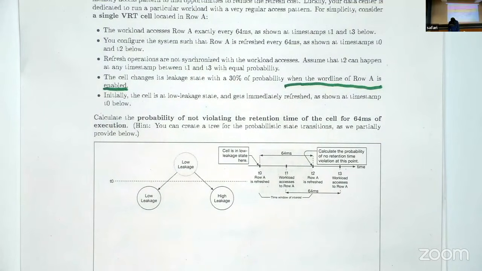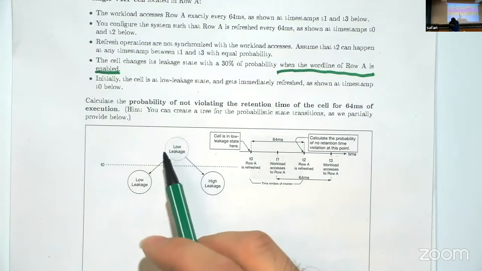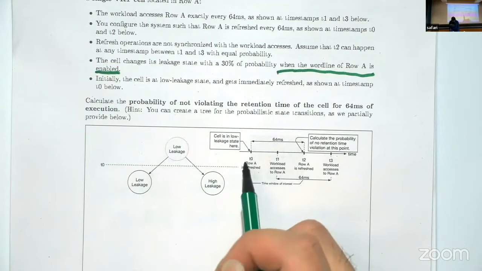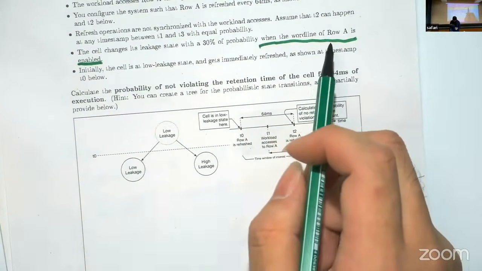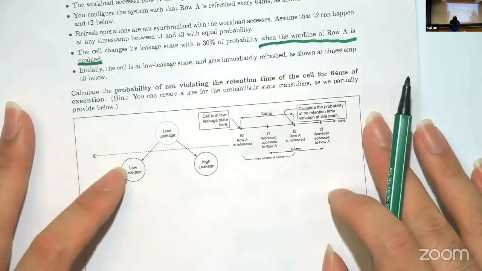It also provides a hint that we can construct a state transition probability tree to evaluate all the possible outcomes, and then compute the probability. As said in the question, the cell is initially at a low leakage state. So at T0, when it's refreshed, because as long as the word line of row A is enabled, it will change the leakage state with a probability.